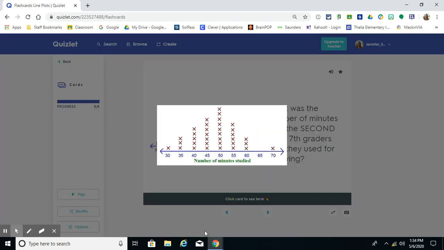For my final question for you today, I have one that's a little trickier. How many students studied at least 45 minutes?